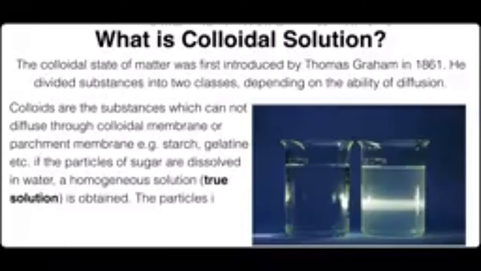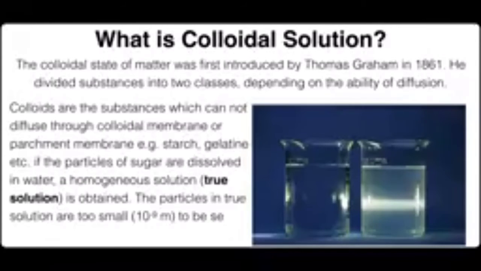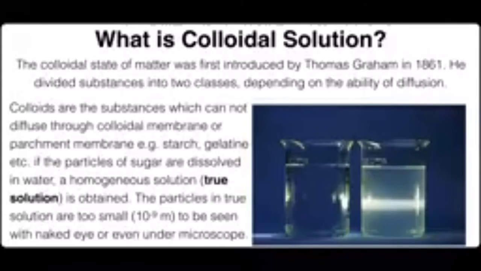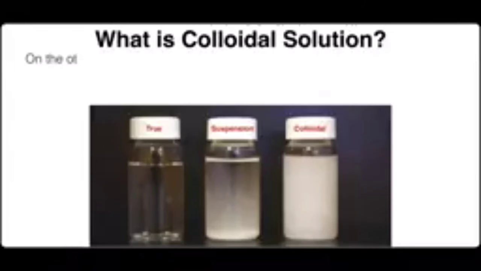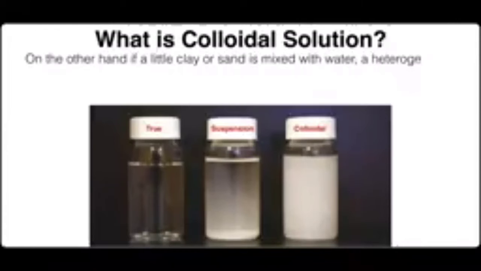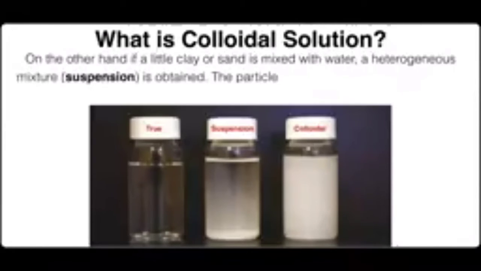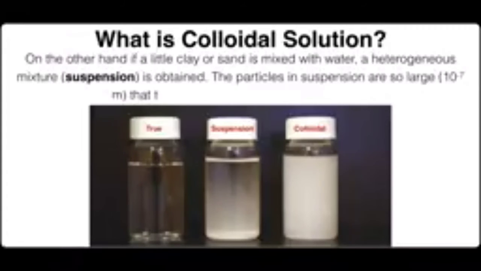The particles in true solutions are too small, approximately 10 to the power minus 9 meters, to be seen with the naked eye or even under the microscope. On the other hand, if a little clay or sand is mixed with the water, a heterogeneous mixture, suspension, is obtained. The particles in suspension are so large, approximately 10 to the power minus 7 meters, that they can be visible even with the naked eyes.